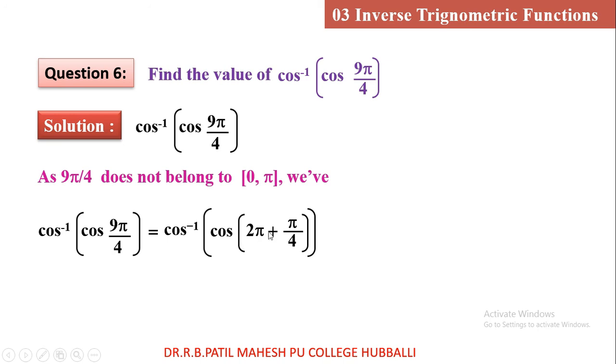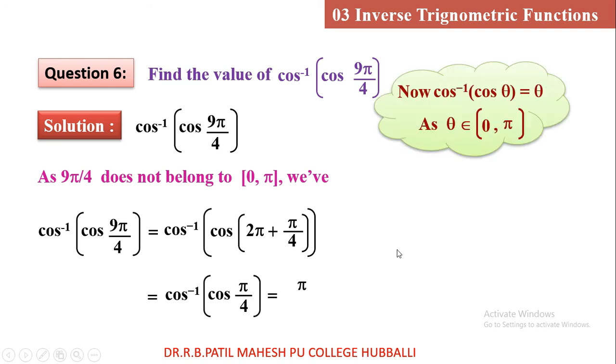Cos of 360 plus theta, first quadrant, cos is positive. So even multiple, don't change. Cos inverse of cos pi by 4. Now you can remove cos inverse and cos, and the answer will be pi by 4, because pi by 4 lies in the range of cos inverse x function, that is the closed interval 0 comma pi. Hence the value of cos inverse of cos 9 pi by 4 is pi by 4.